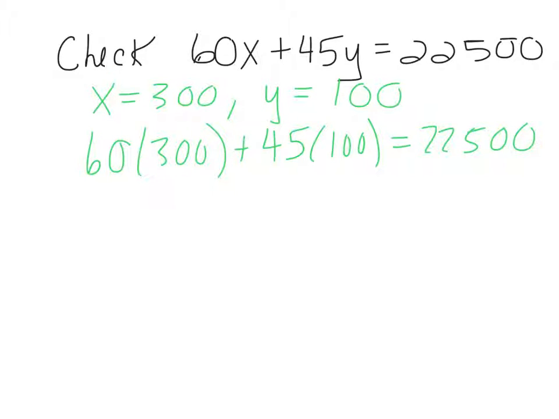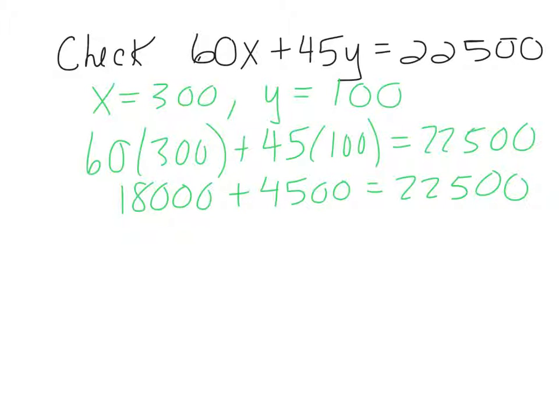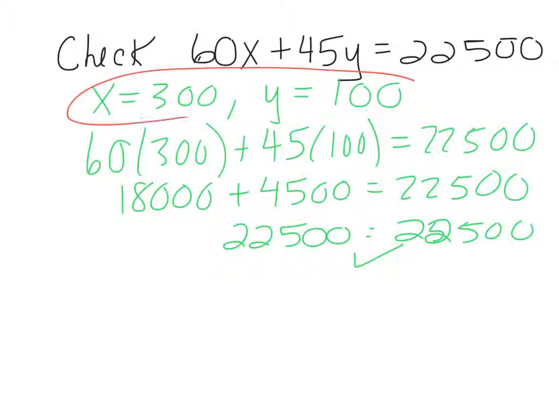That will give us 18,000 plus 4,500 is equal to 22,500. 18,000 plus 4,500 would give us 22,500 is equal to 22,500, and that is correct. So we have verified that those are in fact our answers.